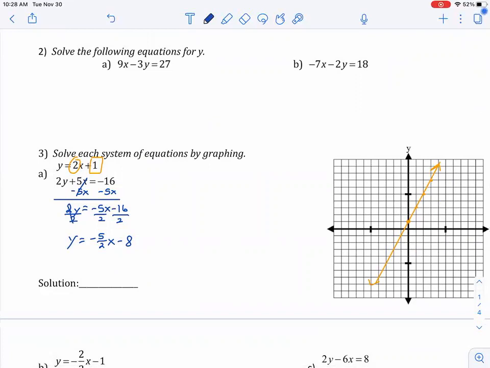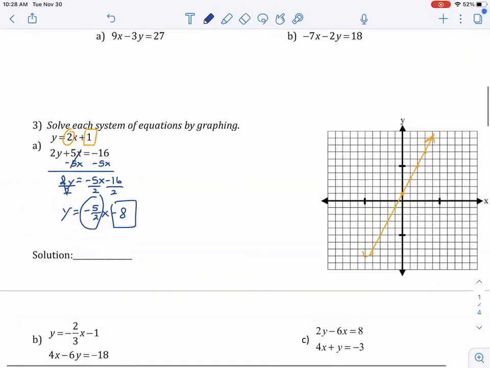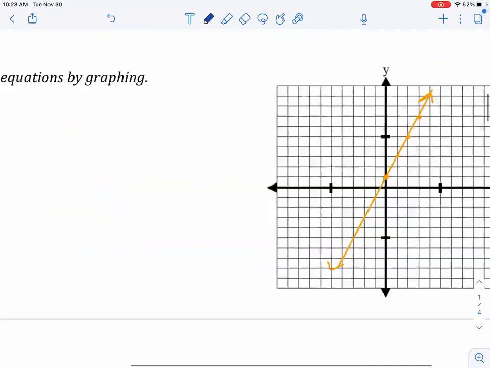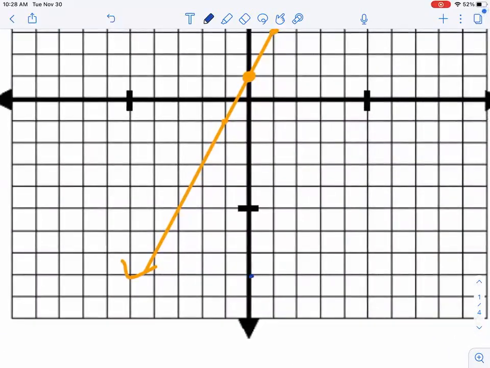So now I'm going to graph that blue line, okay? I have a y-intercept of negative 8 and a slope of negative 5/2. So my y-intercept is at negative 8. I put a dot there. And then my slope is negative 5/2.